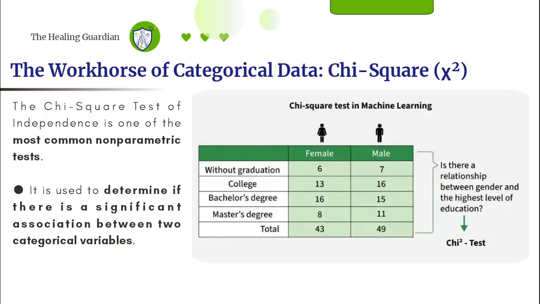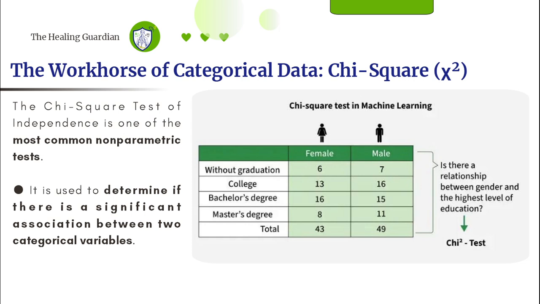And the chi-square is called the workhorse of categorical data because it is the most common non-parametric test, and we use it to determine if there is a significant association between two categorical variables. You recorded information, females and males. You recorded their education level. Then you want to say, is there a relationship between gender and the highest level of education?